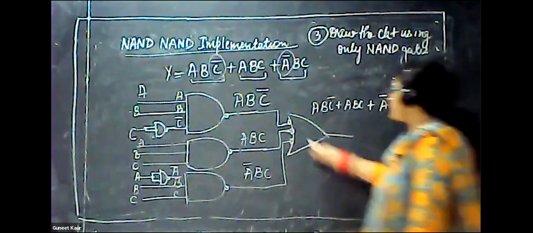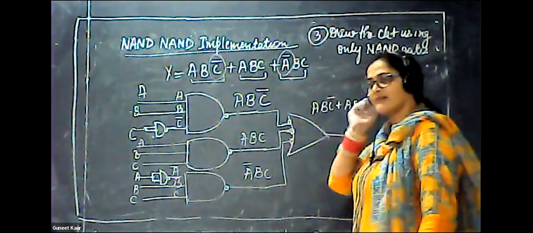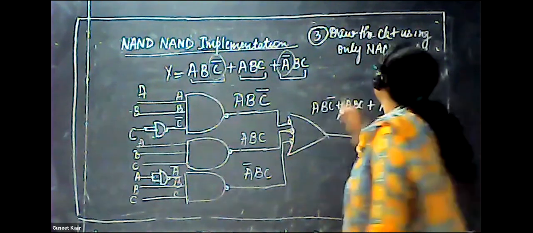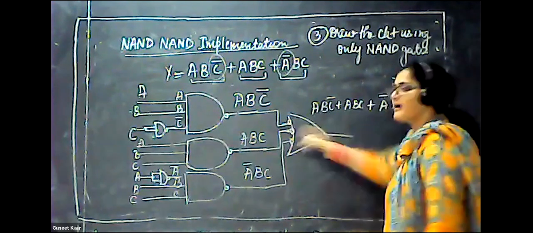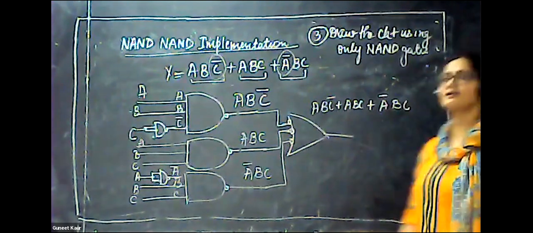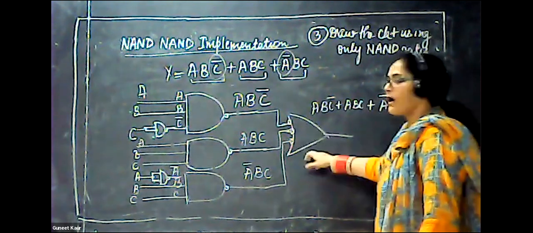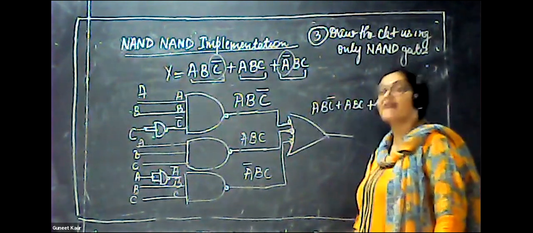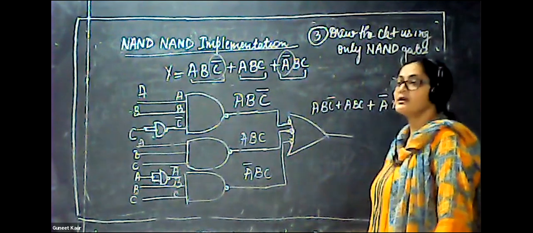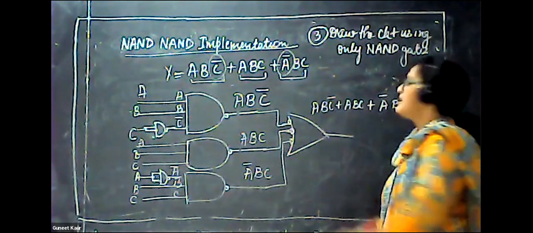You know that yesterday in our lecture we learned that a NAND gate is equivalent to a bubbled OR gate. A bubbled OR gate is always equivalent to a NAND gate.